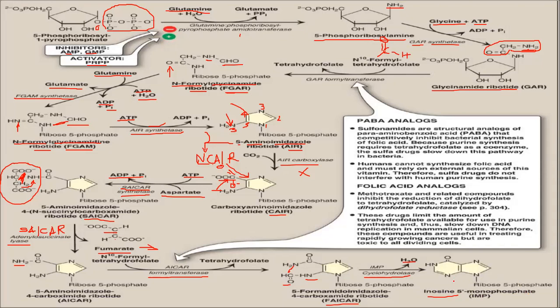If you look at this purine, which purine ring is this? This is hypoxanthine. But when it is in the form of a nucleotide, it is inosine monophosphate. You can see it there.